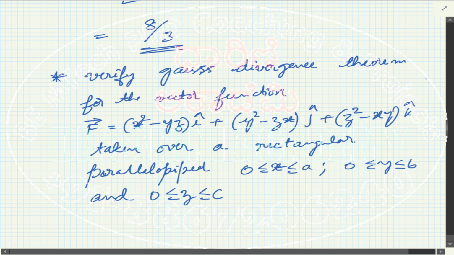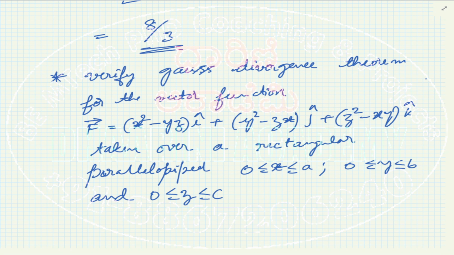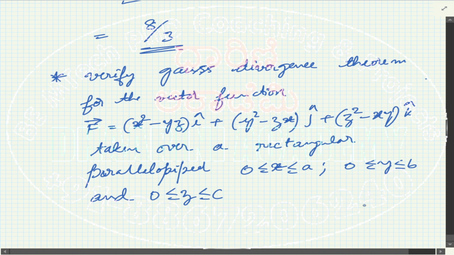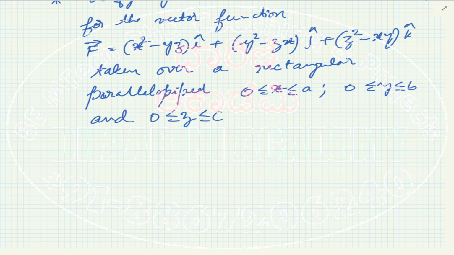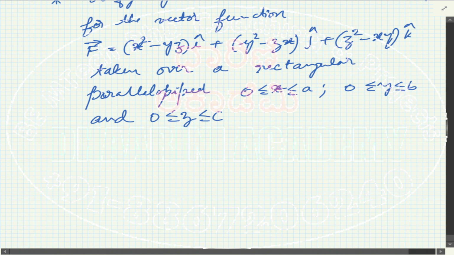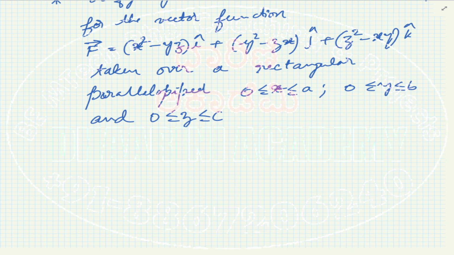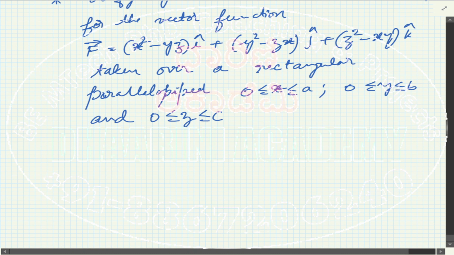Okay, so this is the given question. Now we'll try to solve this by applying verification of the divergence theorem, or simply called the divergence theorem, or we can call it the Gauss divergence theorem as well. So to start with, let's write the statement of the divergence theorem as follows.